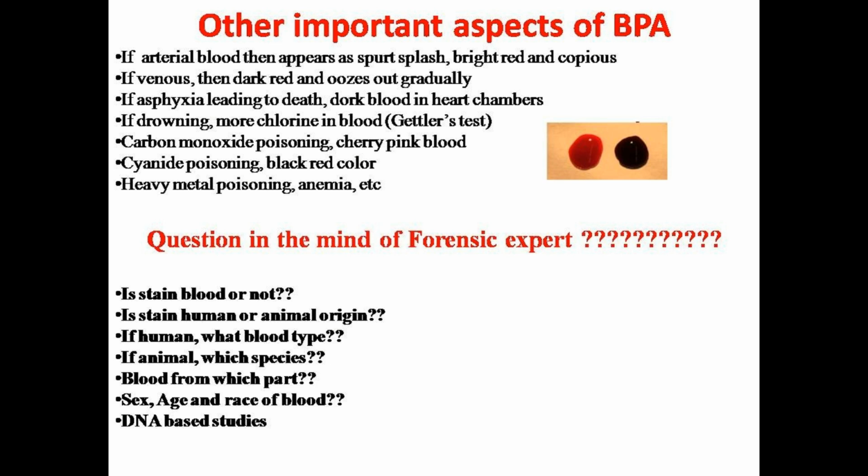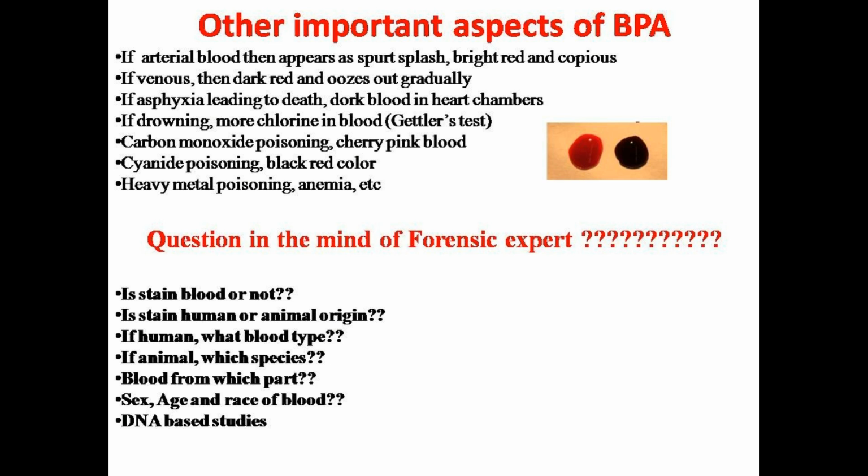Then if the death has occurred due to drowning, there is alteration in the chloride content of blood. And if the death is due to poisoning, like carbon monoxide poisoning, the blood color changes into cherry pink color. For cyanide poisoning, the blood color changes into brick red color. In case of heavy metal poisoning, it shows the symptoms of anemia.